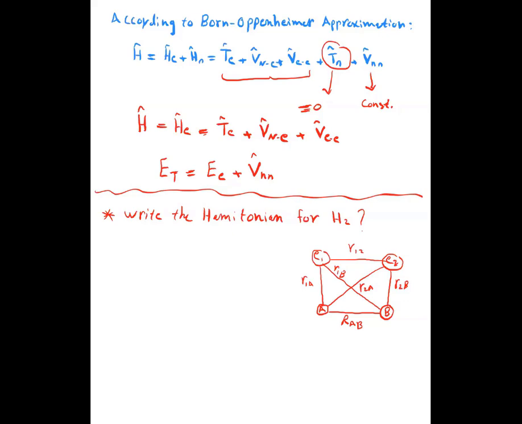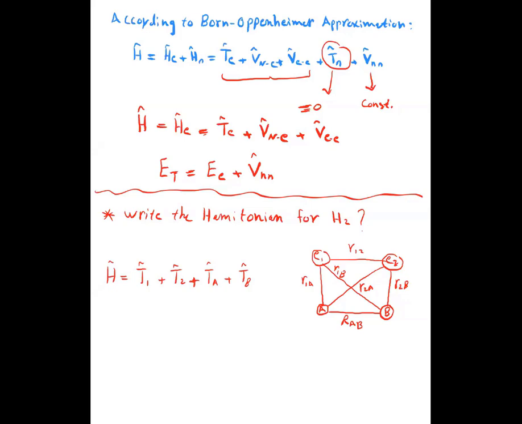The total Hamiltonian will be the kinetic energy for electron 1 plus the kinetic energy for the second electron, and also the kinetic energy for nucleus A and for nucleus B. So we have 4 kinetic energy terms here.